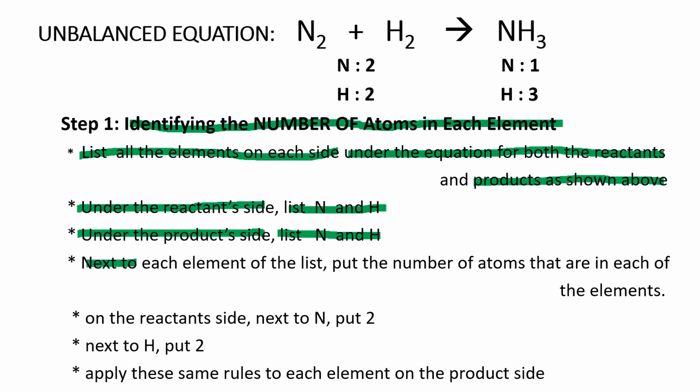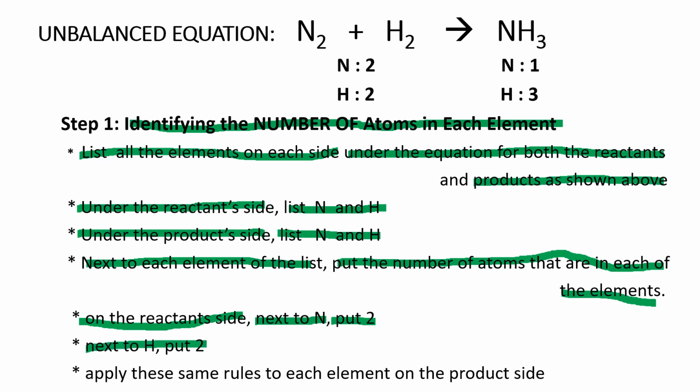And next to each element on the list, you put the number of atoms that are in each of the elements. That is why on the reactant side, next to nitrogen, you put 2, and next to hydrogen, you put 2. And you apply the same rules to each element on the product side.